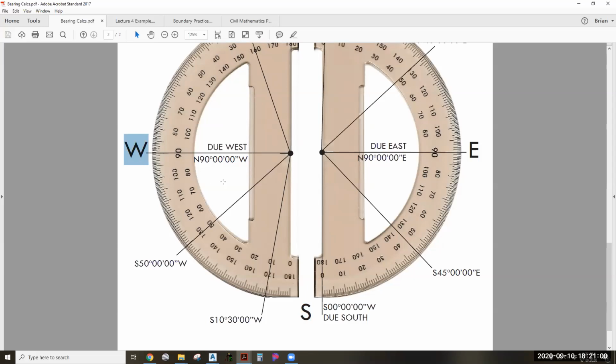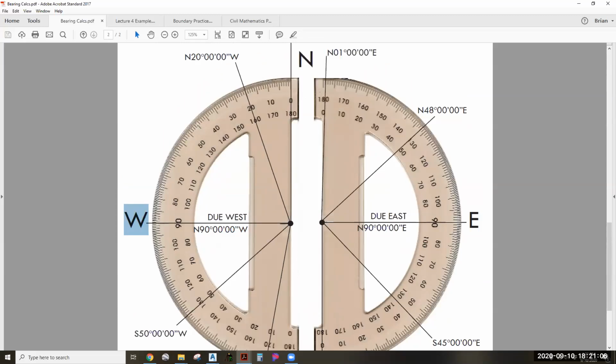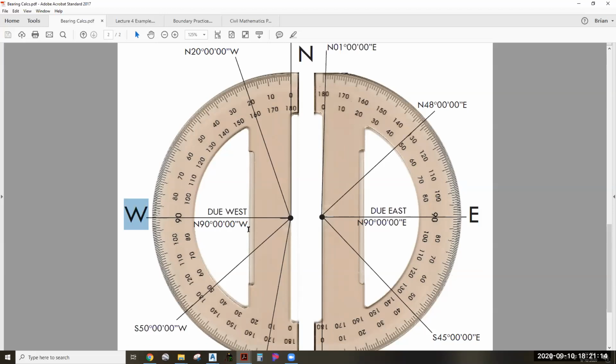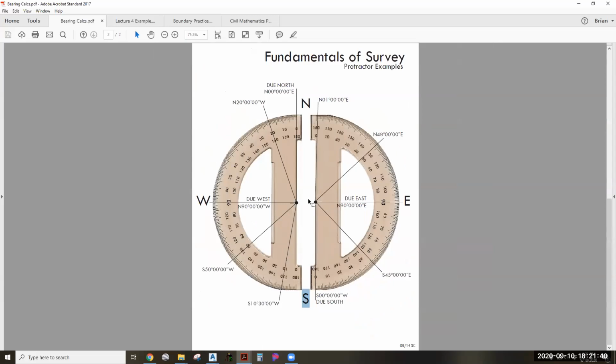So the bearing of that line, where we fall 90 degrees to the west, we could call it north 90 degrees, 0 minutes, 0 seconds west, or also equally correct, south 90 degrees, 0 minutes, 0 seconds west, because if we started at south and rotated 90 degrees to the west, that would also be correct. There are some bearings that mean the same thing, even though their annotation is different.